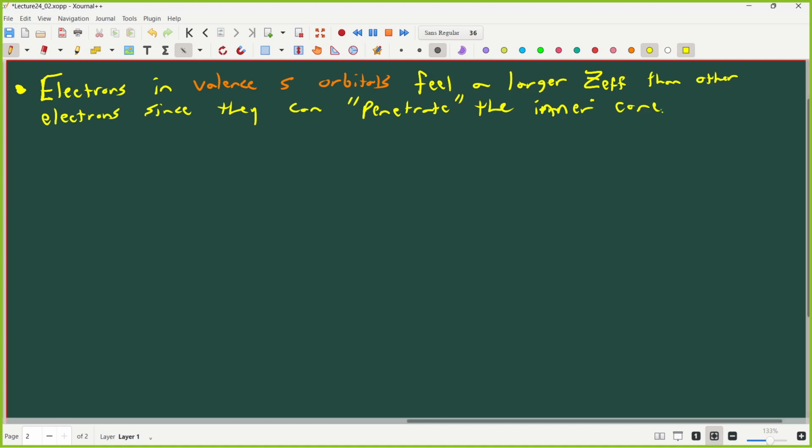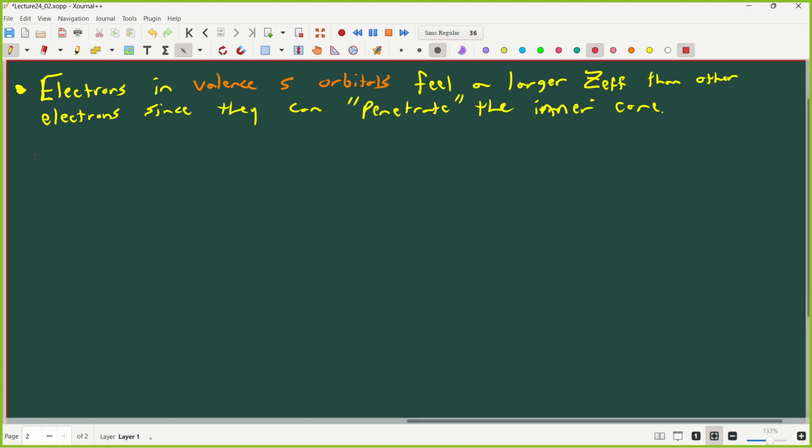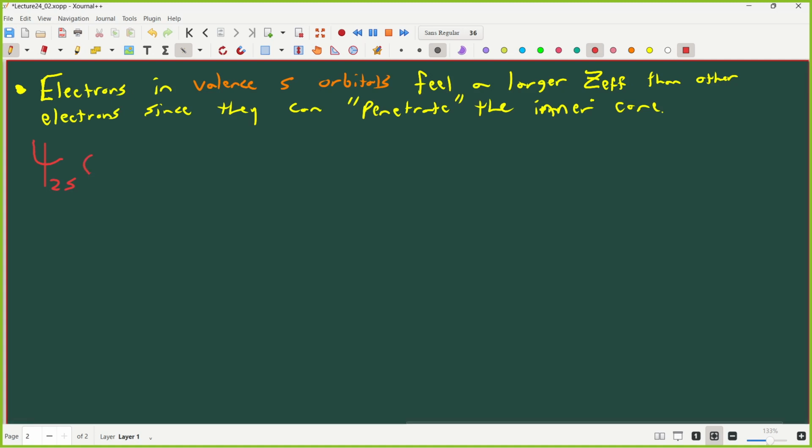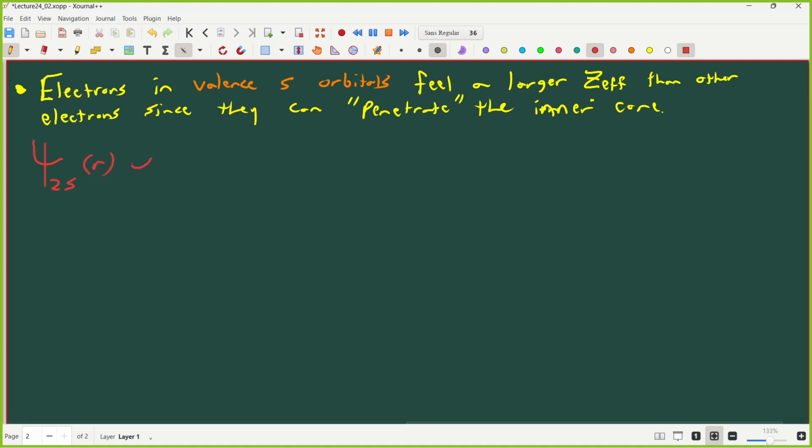Well, we just have to look at the wave functions for the s orbitals. So for an s orbital, let's look at hydrogen's 2s. The 2s orbital, which again is just a function of r, looks like r times e to the minus r over 2a naught.